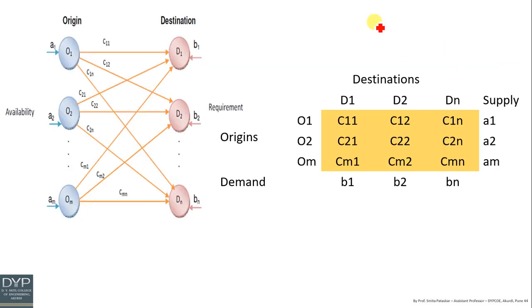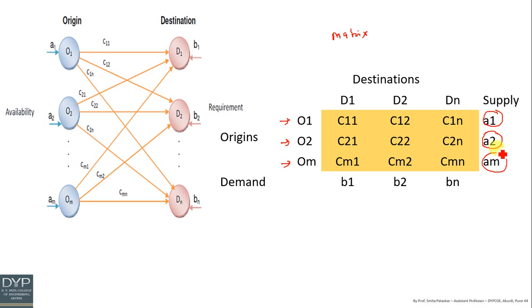Now the same problem can be represented in the form of a matrix. All the origins are given as O1, O2, etc. up to OM. And also the supply from O1 is given as A1, from O2 it is A2, and from OM it is AM.